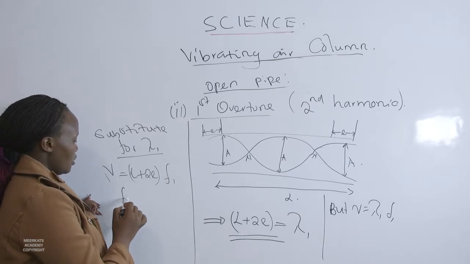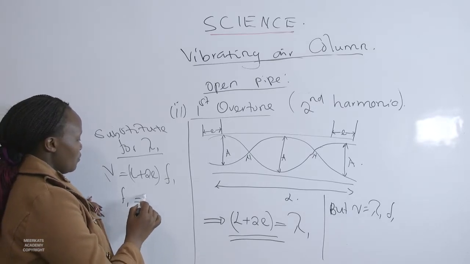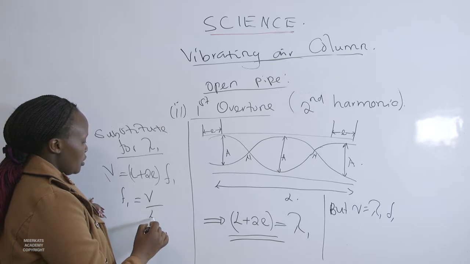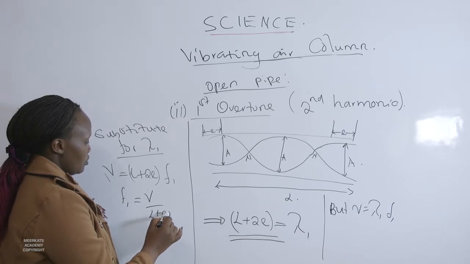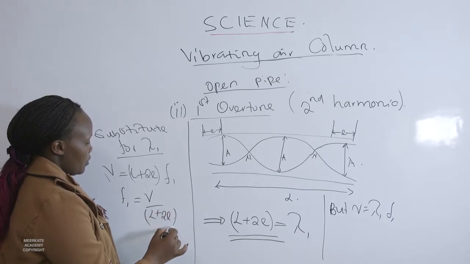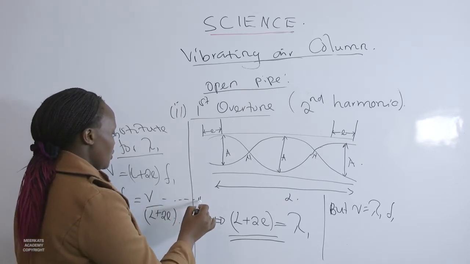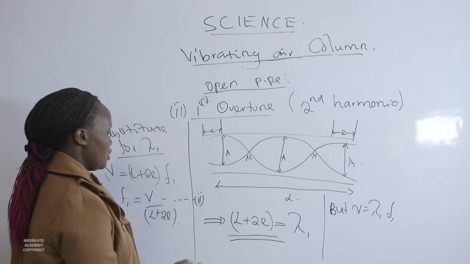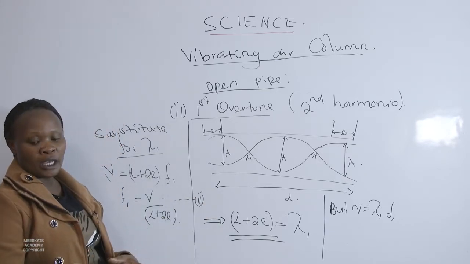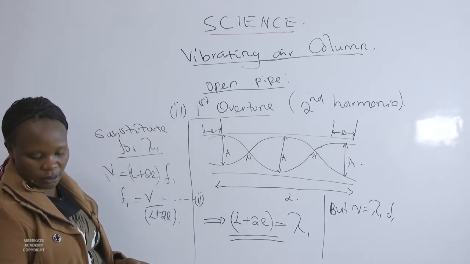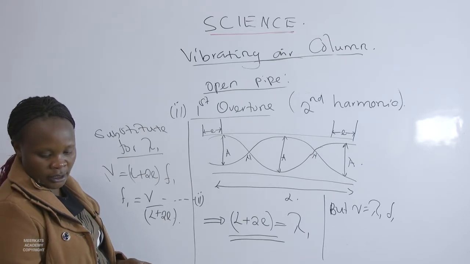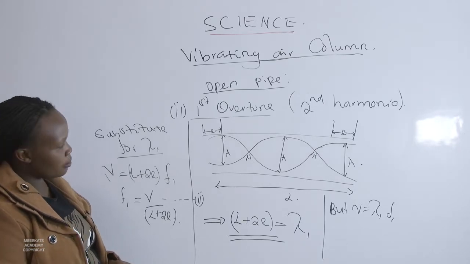Therefore F1 will be V over L plus 2E. And that one is going to be labeled as our second harmonic.